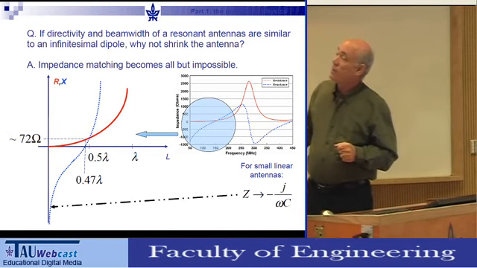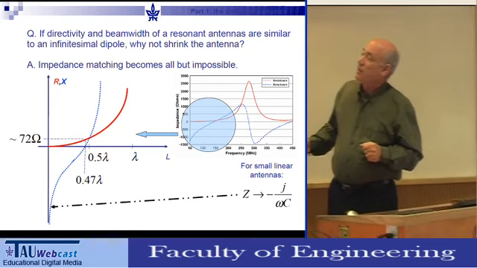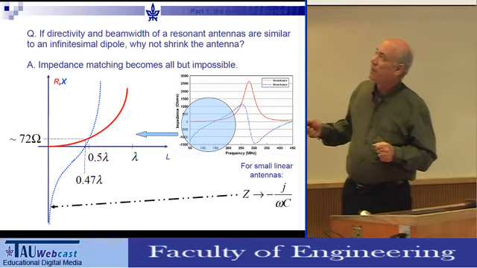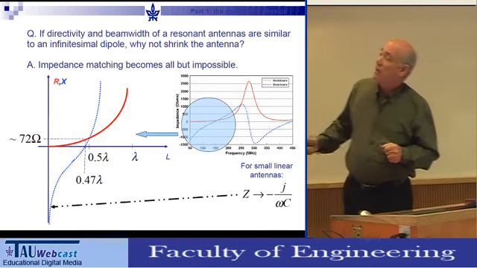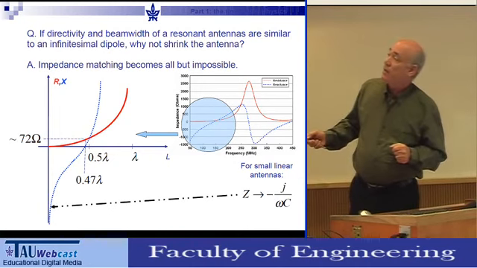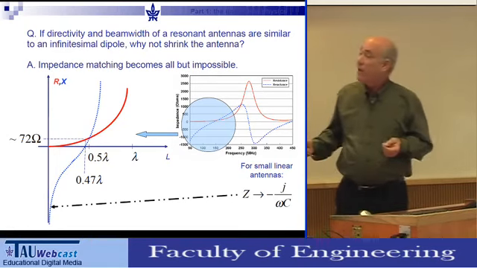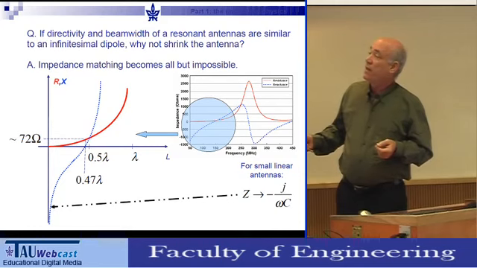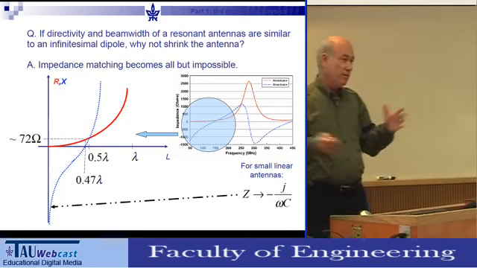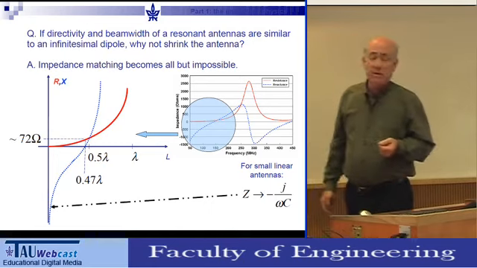If the antenna is resonant, which is lambda over 2, resonant meaning that the reactance or the imaginary part vanishes here, then we have an impedance which is of the order of 70 something ohms. And this is how the antenna operates. If we shrink the antenna or alternatively bring down the frequency, it's about the same thing.